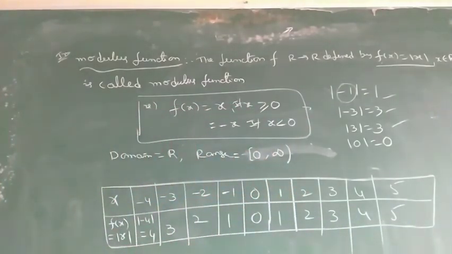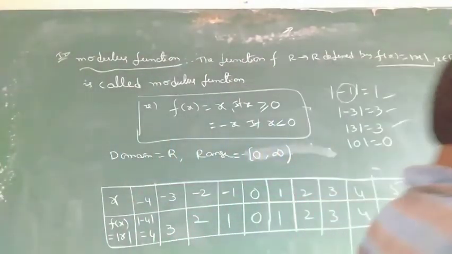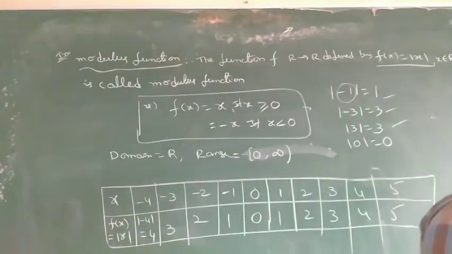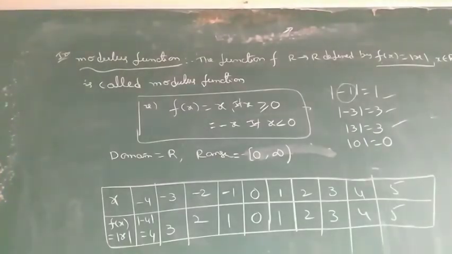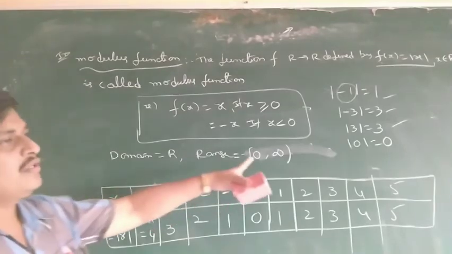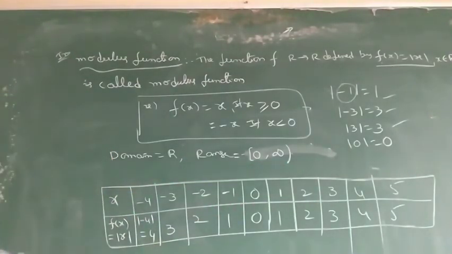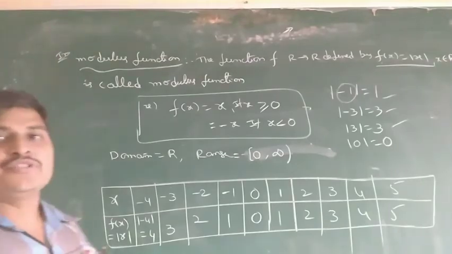Mod x graph. Okay, domain or range, all positive numbers. Positive numbers means 0 to infinity. All negative numbers means minus infinity to 0.